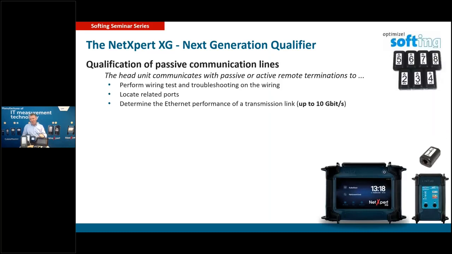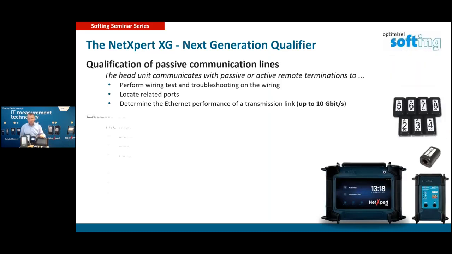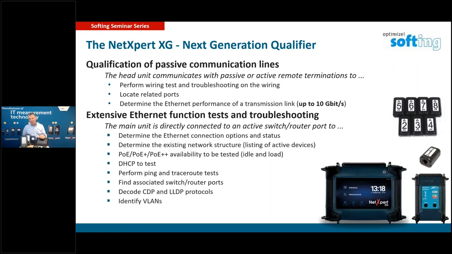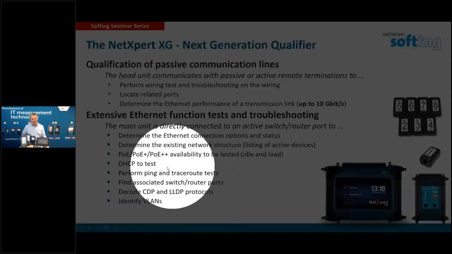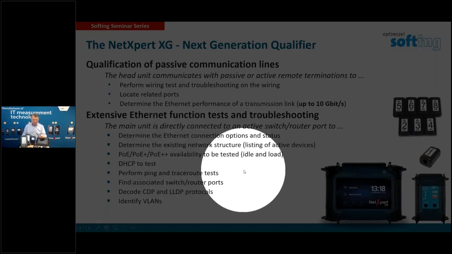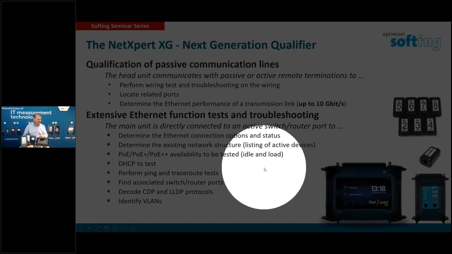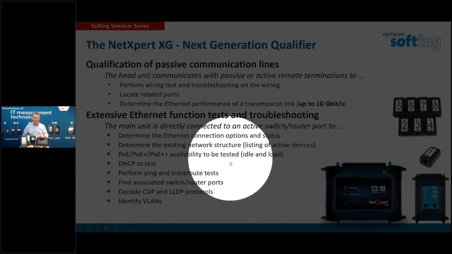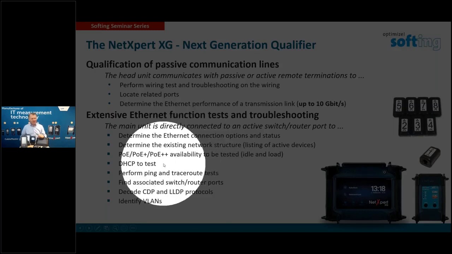This is more like a summary for you of what the Net Expert can do for you. A very important point I want to point out here is it can also measure PoE++, which is up to 90 watt, or 90 or 100 watt. Yeah, PoE++, 90 watt.